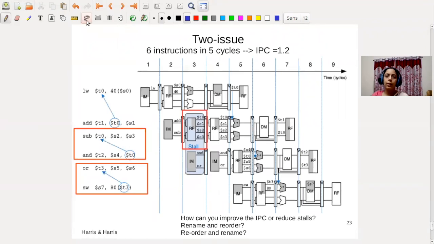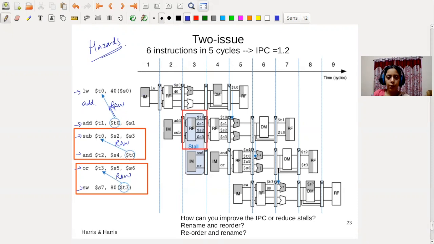So now how are hazards, or dependencies, dealt with in this pipeline? If we were to have an instruction series like this, which is load, add, sub, and or, and store, where we have just created a few dependencies here. It's a RAW hazard here, a RAW, that is read after write hazard. So in this case, you cannot have the add instruction start here because there is a dependency.